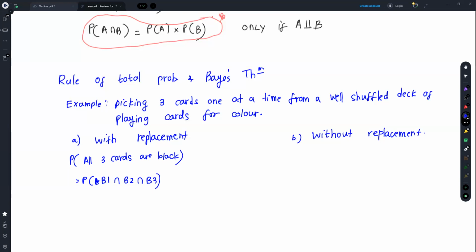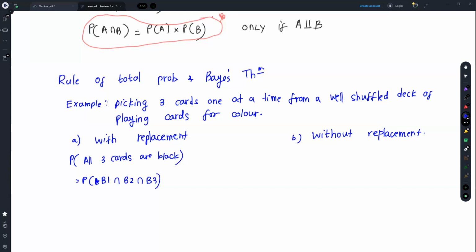Now tell me, if you pick 3 cards from a well-shuffled deck of playing cards, one at a time with replacement, are these picks independent or not? How do you figure it out?